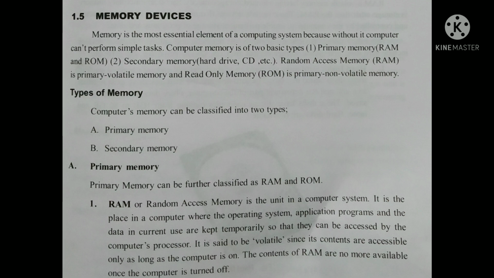It is said to be volatile since its contents are accessible only as long as the computer is on. The contents of RAM are no longer available once the computer is turned off.